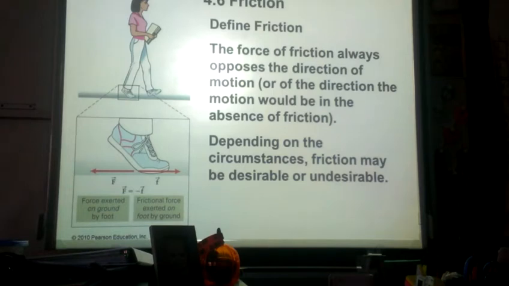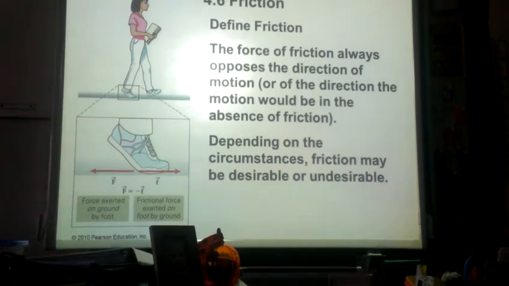I saw this misconception on some of your quizzes. Inertia is not a force. Friction is a force that resists motion. Inertia is just a natural tendency for an object due to its mass, but it is not a force. So friction is that force that you are thinking of when you think of inertia, okay?